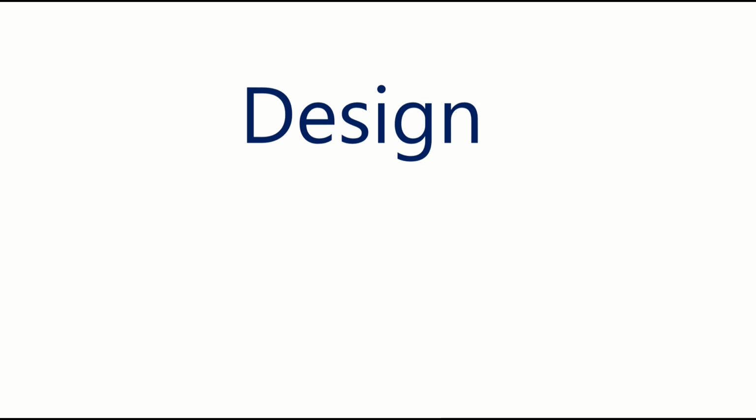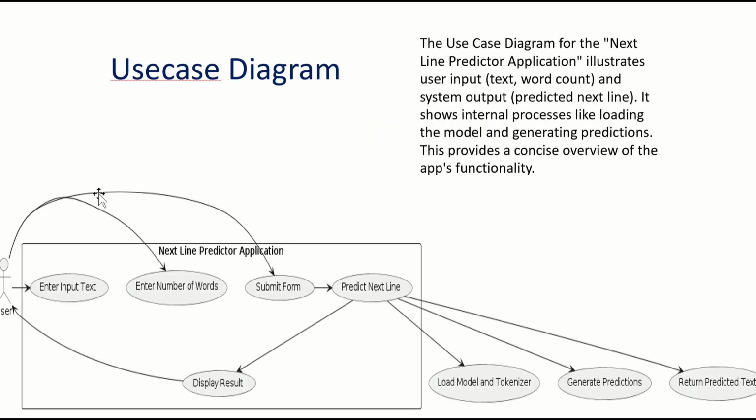Design of the project. This is the use case diagram of our project. First, the user has to open the application. He has to input the text, enter the number of words and submit the form, and then he gets the result, the predicted text, and the background operations like loading the model and opening the tokenizer, generating predictions and returning the predicted text.